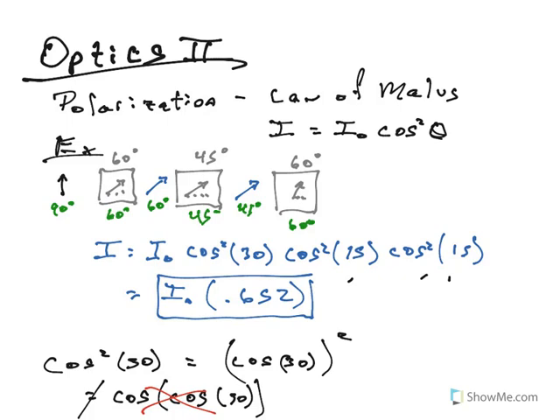And the last way you can do it is, if you notice, you have cosine squared 30, cosine squared 15, and cosine squared 15. What you could do is take cosine 30 times cosine 15, then times cosine 15, and you get a number. Then you take that number and square it. That also gives you the same answer.